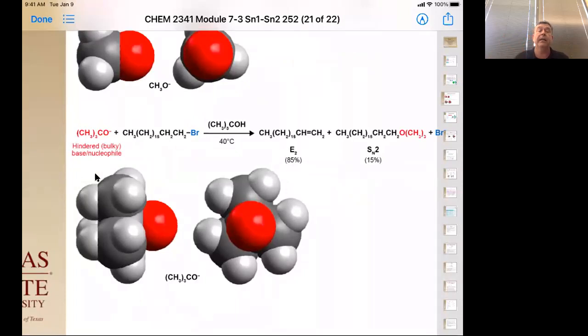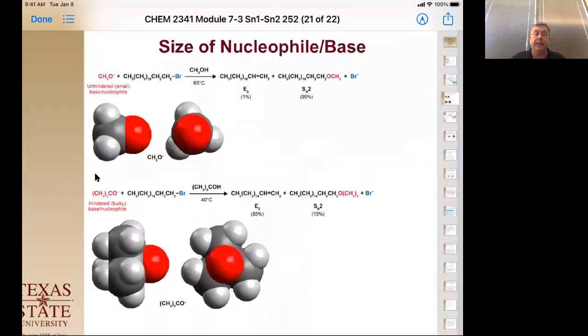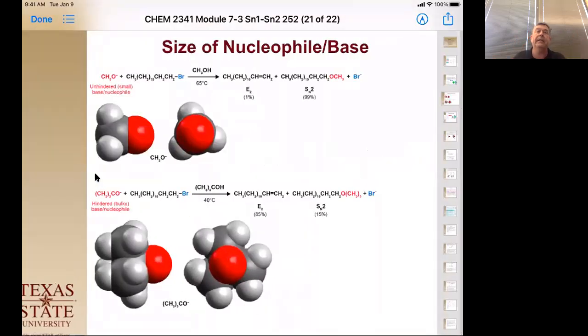When it's big and bulky, it predominantly acts as a base because it can't get into that pocket to form that SN2 transition state. Therefore, it predominantly acts as a base. Okay, so we all see the difference between the size of the base and its primary reaction products.